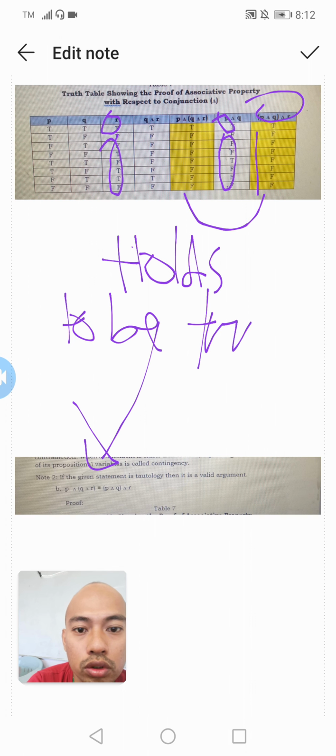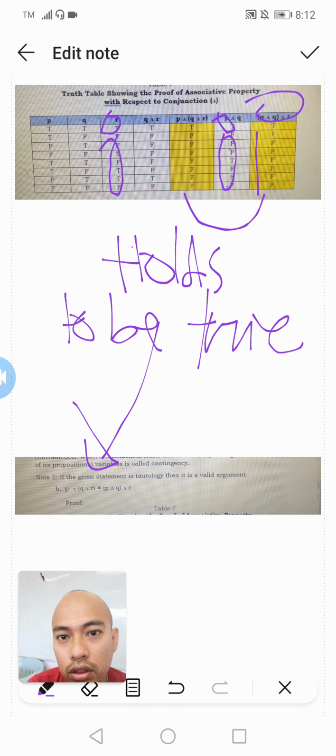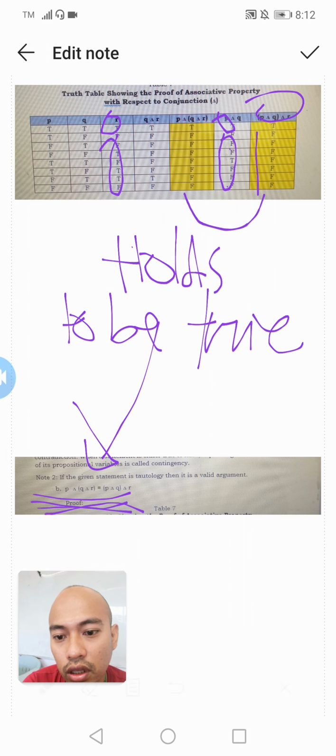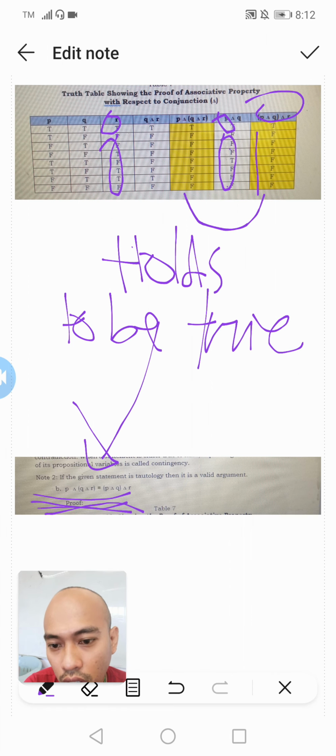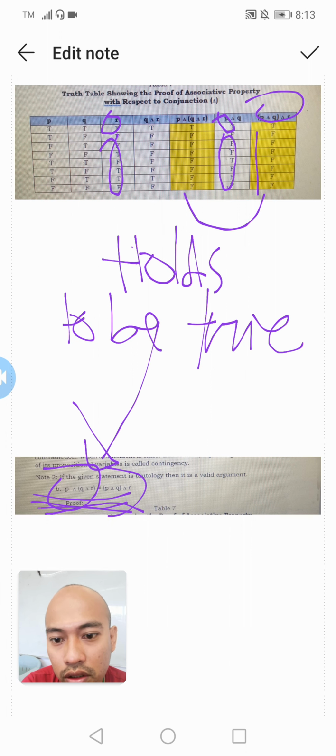Okay, it holds to be a true statement. Itong statement na ito, equivalence na ito, this is a true equivalence, since as you can see based from the proof with respect to the truth table, it presents the same, totally the same or equivalent or identical truth values of this left side and right side of the given equivalence.